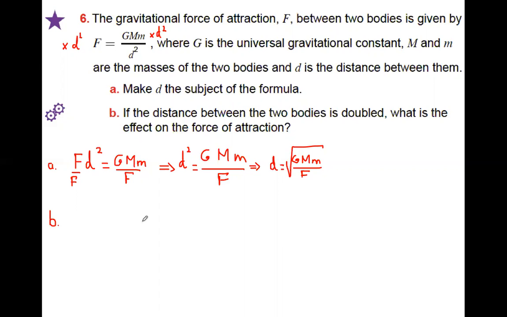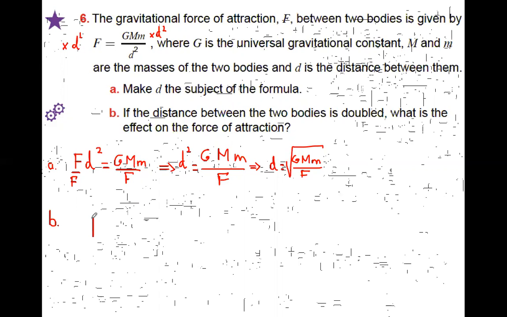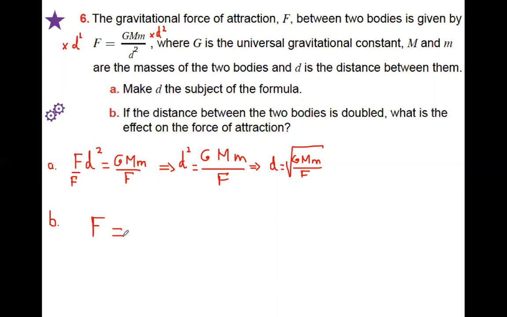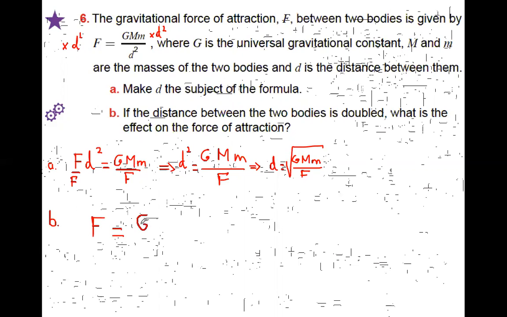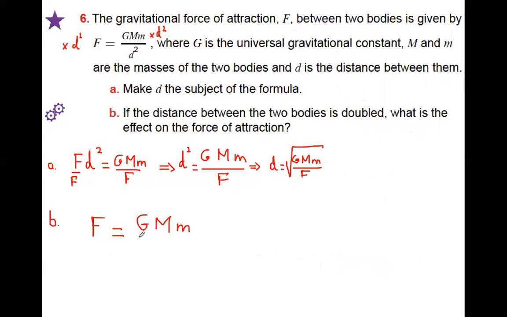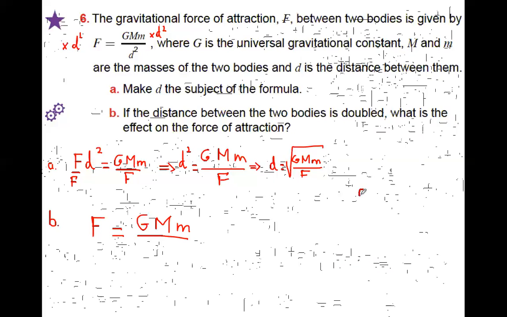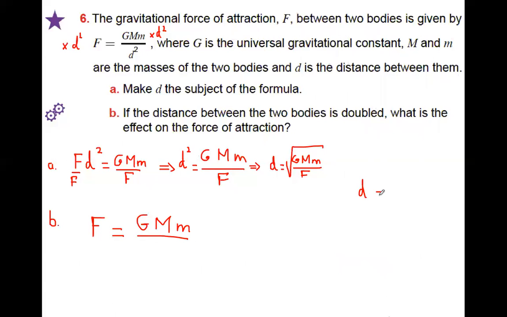So let's say we've got F. Now you go back to the original one, F equals GMM divided by, now instead of D, we're going to make it 2D. D will become 2D, and we're going to see what's going to happen.